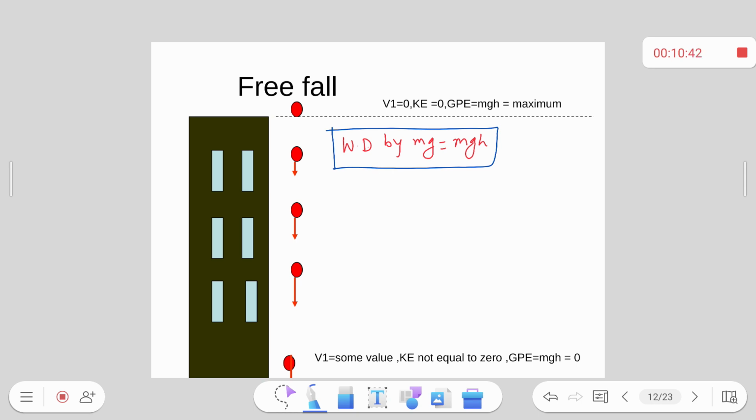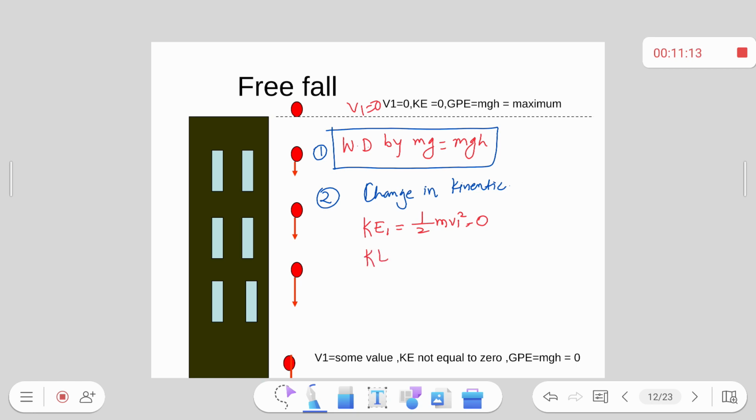So I need to find out the change in kinetic energy. As I told you, at one position KE1 is half m v1 square. Here v1 is 0. So the kinetic energy 1 is 0.